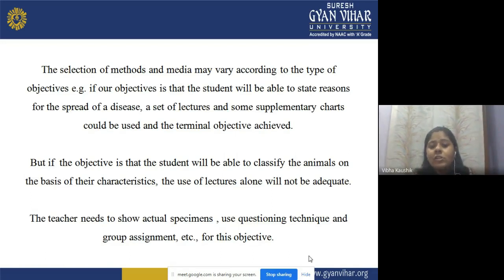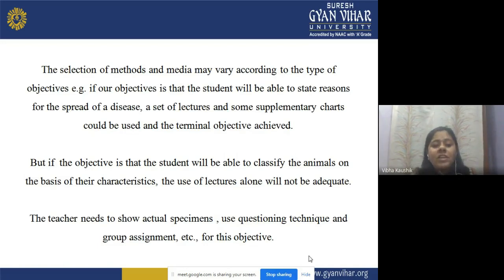A set of lectures, which means I can deliver some lectures on this topic, and some supplementary charts could be used. And as media, what can I use? Charts could be used, and the terminal objectives achieved. Now, when I am using a lecture method and charts, what will happen? I will be able to achieve my objectives.